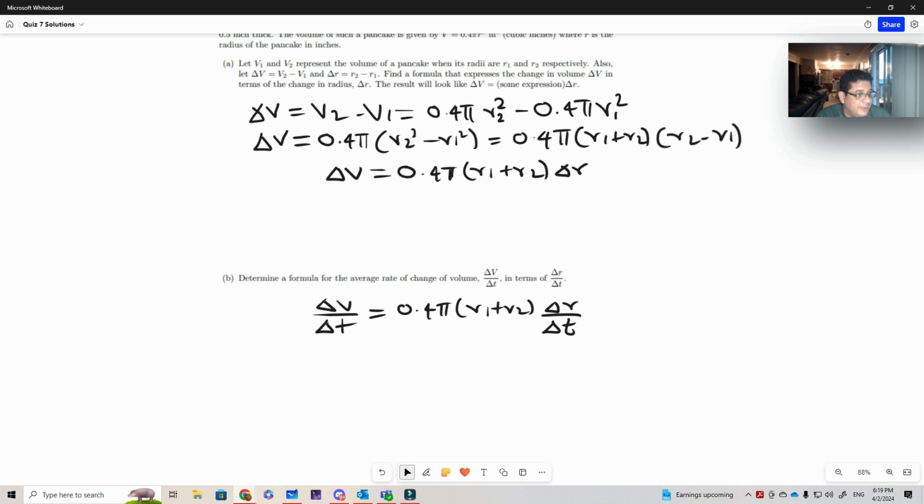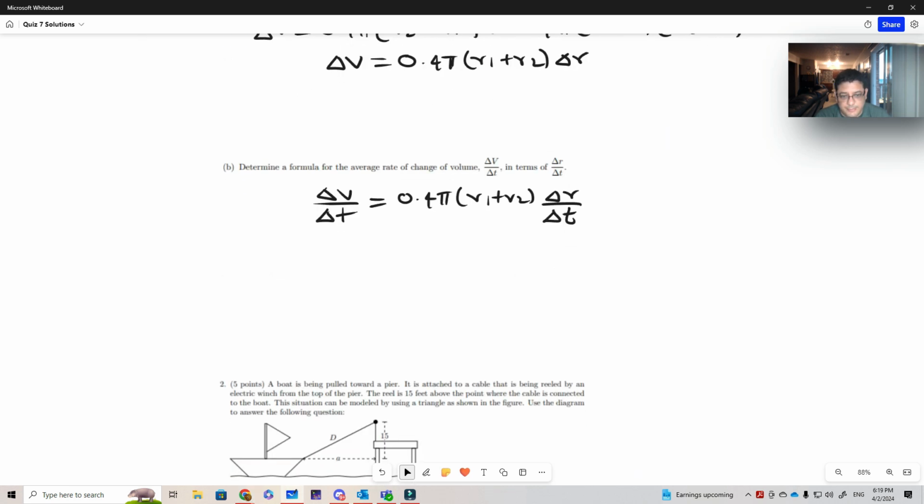In this scenario that we're working in our quiz for today, we don't need to do anything special, and that's the end of this question. However, notice that you might want to plug in different radii, and then you're going to get a numerical value. But in here, that's all that we need.